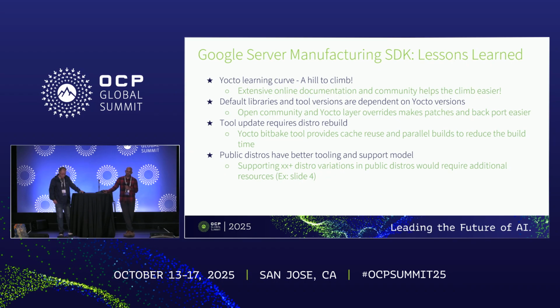Like I mentioned, you can overcome it; we use online documentation and the community. You can always find a solution for the things you want to do because it's a wider audience there. And the default libraries and tool versions are dependent on Yocto versions.